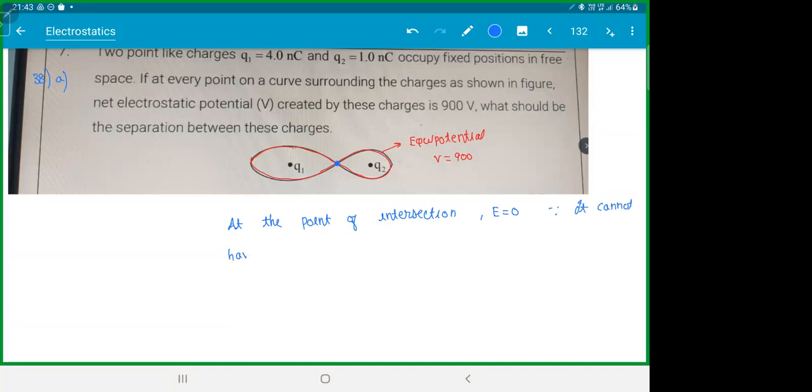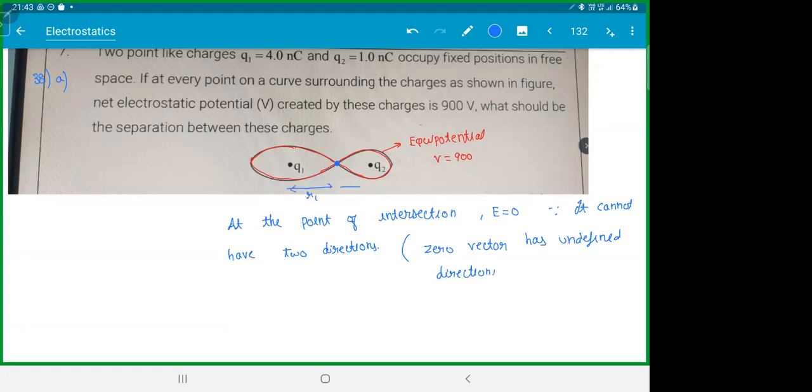Only a 0 vector can have any direction. That is a catch in the question. So be careful. Two surfaces cannot cross each other, but if they cross, that is a null point. 0 vector has undefined direction. That was a catch.